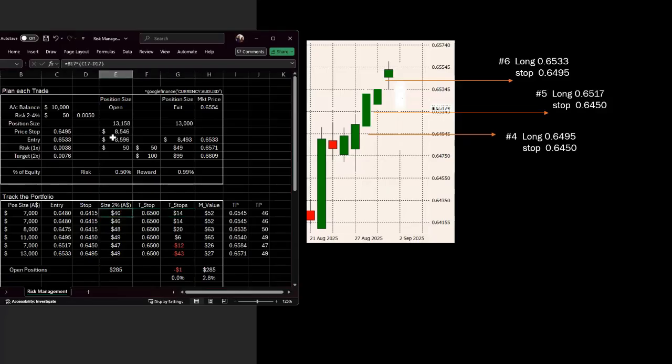Now, if I had those, my trailing stop would mean that this trade, the first trade, which I took at 64.80, now has a stop loss of 65, which means if I move my stop to 65, I would still end up making $14 on this trade, right? Similarly, the other trades also would be at profit.